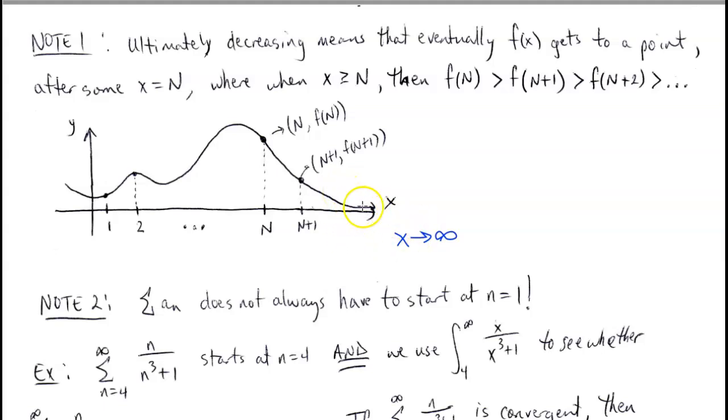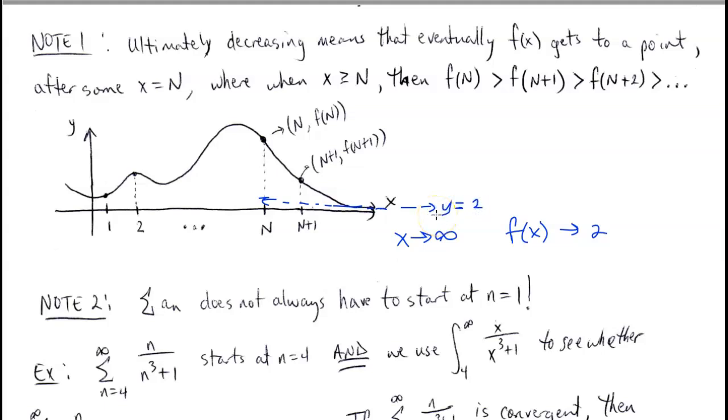Now, in this example, please note that the example that I've drawn here is a case where as x is approaching infinity, f of x is approaching 0. Okay, but that's not always true. I can have a case where as x approaches infinity here, let's say we had a horizontal asymptote, and let's say this horizontal asymptote was at y equals 2.